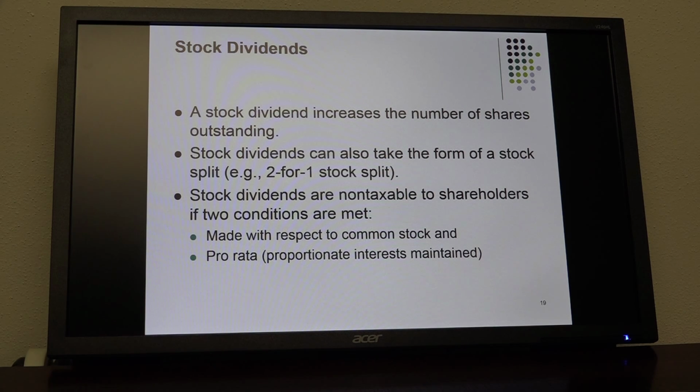If you own 50 shares of stock and you own 25% of the corporation, and they do what's called a 2-for-1 split, where your 50 shares turns into 100 shares, well, everybody else gets a 2-for-1 split on their shares too.